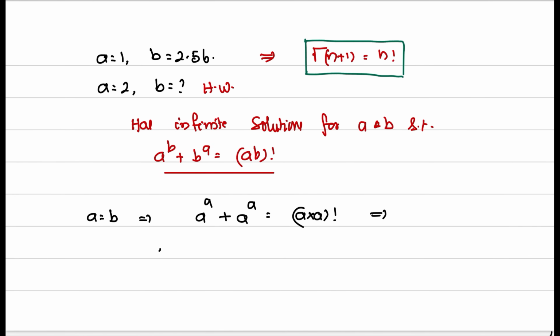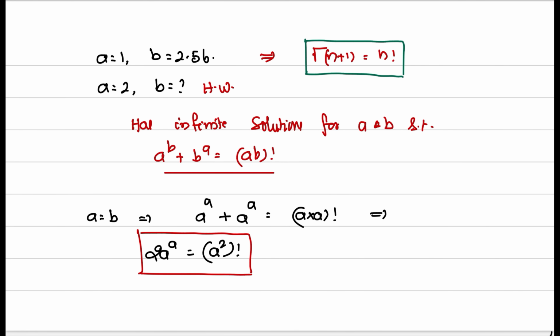That means 2 into a to the power of a is equal to a square factorial. Definitely, we will have a solution for it.